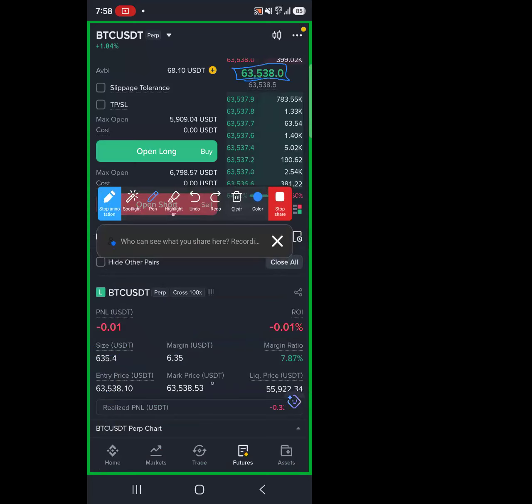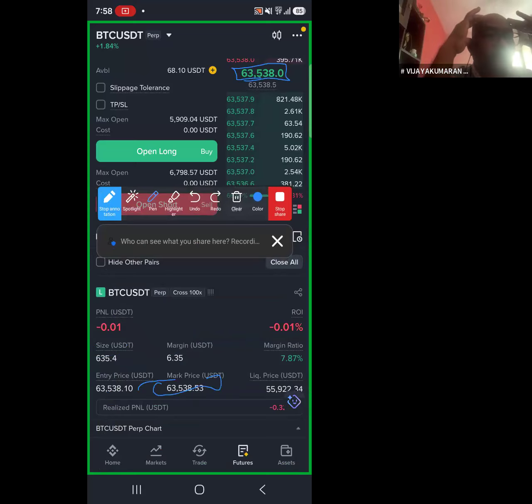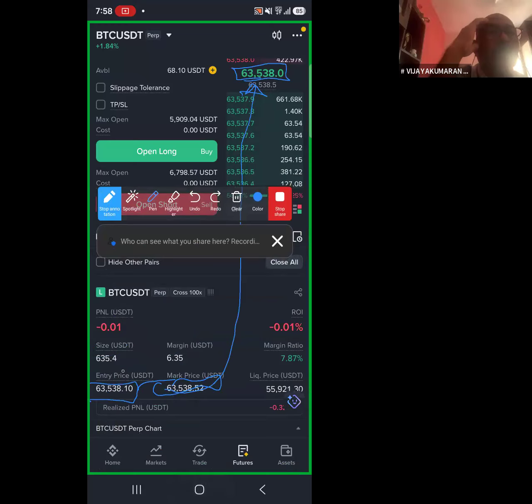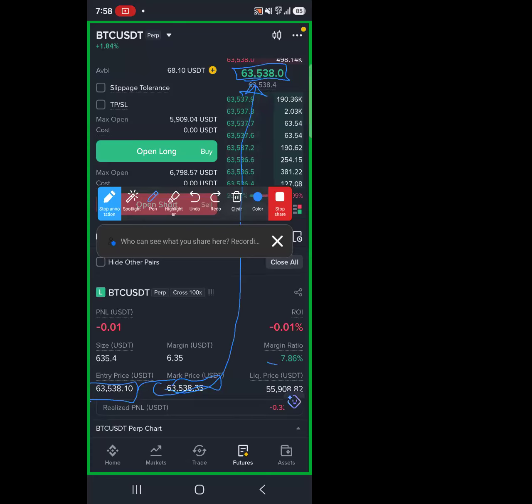It is a reflection of what is happening here, right? So this is the entry price, and this is the mark price, the market price, in other words. And then this is the margin ratio.